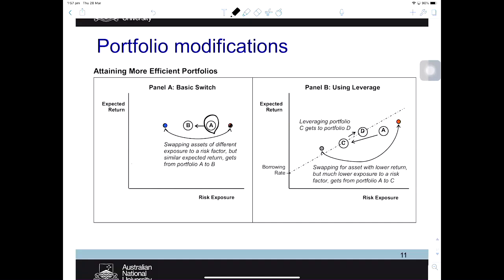I would like to diversify the economic risk of my total portfolio. I might identify this particular asset B, which is an infrastructure project.